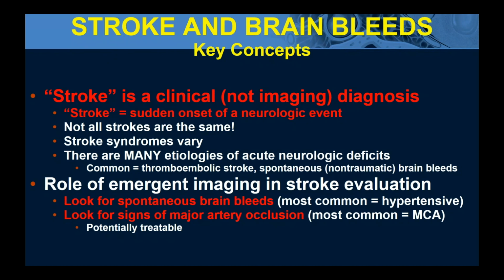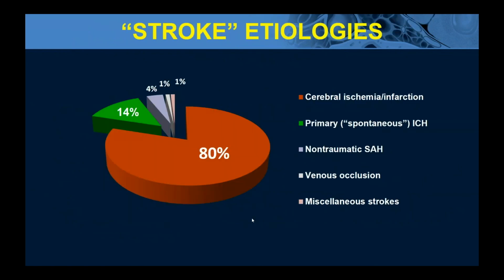It doesn't have to be a thrombus to a big blood vessel like the middle cerebral artery. It can be a spontaneous, non-traumatic brain bleed, and really common ones are hypertensive brain bleeds. So what we want to do is to look for and rule out the presence of a spontaneous brain bleed, and then look for signs of major artery occlusion, the most common one being the middle cerebral artery.